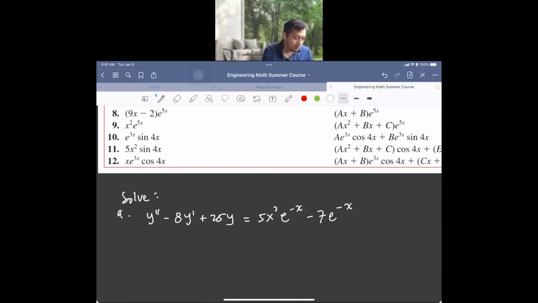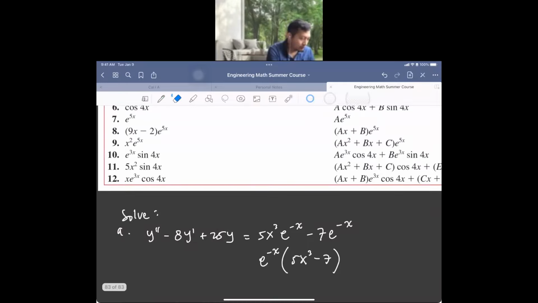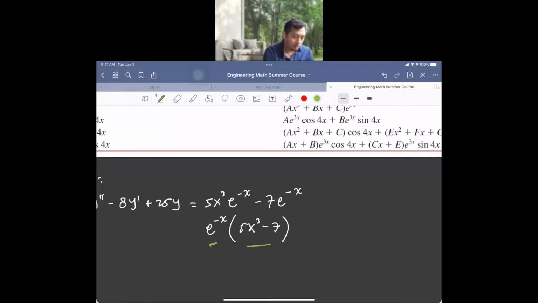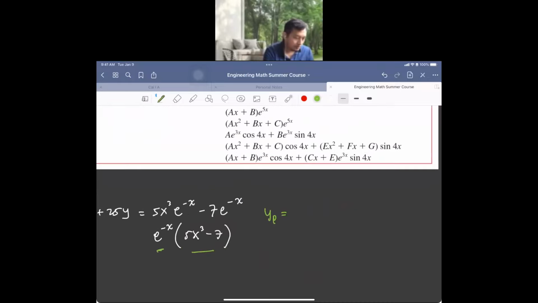Okay, if we write this e to the negative x and 5x cubed, it becomes similar to this one, right? It has a polynomial, it has e, so e and polynomial. So probably our choice for our yp is the polynomial that we have. It's degree 3, so we have 3.